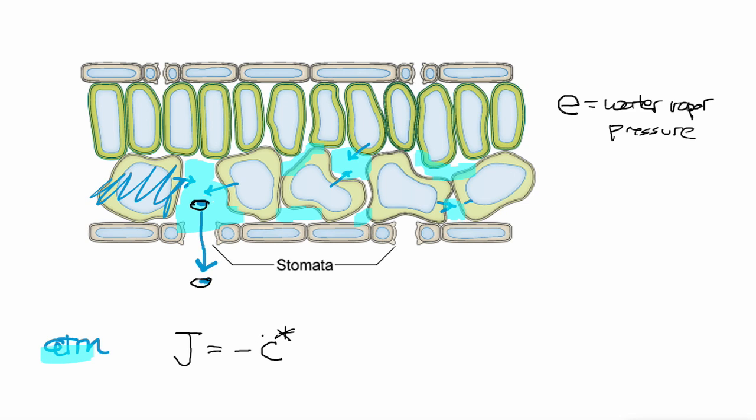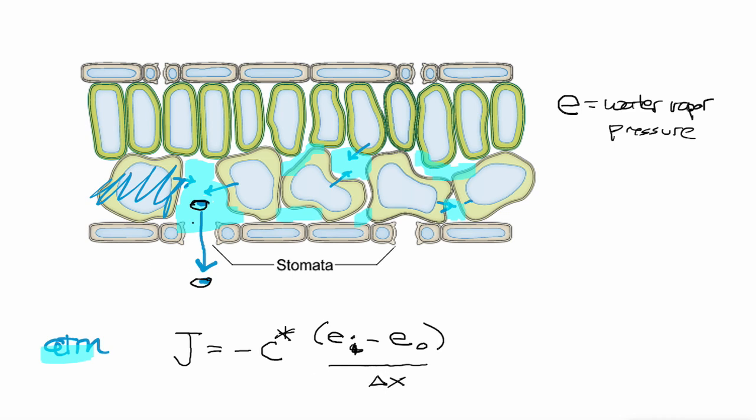So this diffusion type equation looks like the constant times the gradient in the water vapor pressure, and that is just the water vapor pressure on the inside here, minus the water vapor pressure on the outside, divided by the distance apart.